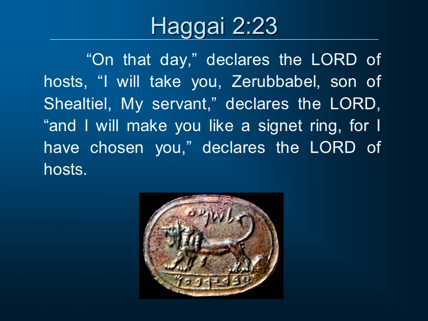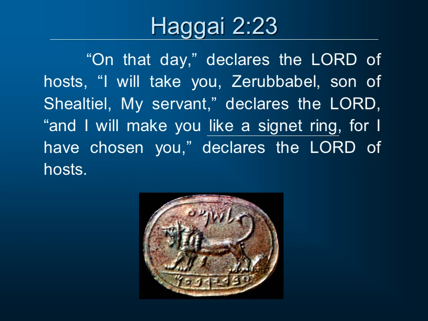You see, Haggai had said, Haggai chapter 2, verse 23, "On that day, declares the Lord of hosts, I will take you, Zerubbabel, that same Zerubbabel we talked about, son of Shealtiel, my servant, declares the Lord, and I will make you like a signet ring." Remember how God had said to Coniah, even though you were a signet ring on my finger, I'd take you and throw you off.